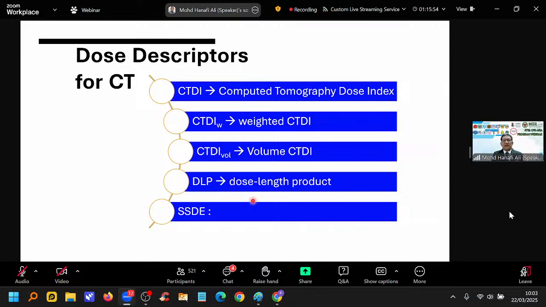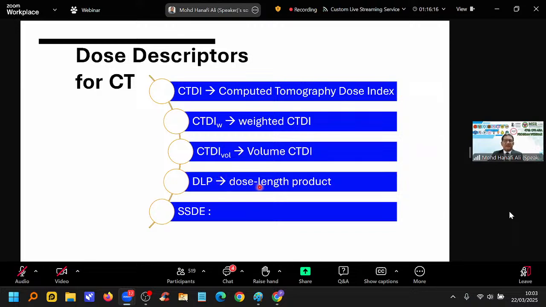So milligray centimeter. But this one, still we cannot compare with the other normal X-rays, like radiography, fluoroscopy, all these things in millisievert. So what we have to do, I think Dr. Azura also already mentioned that we need factors.